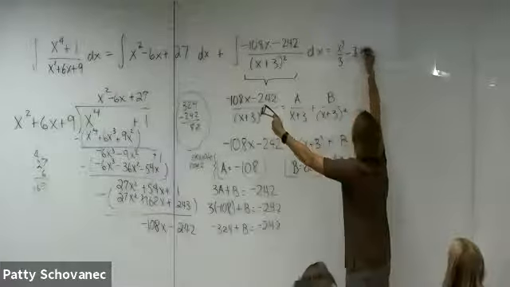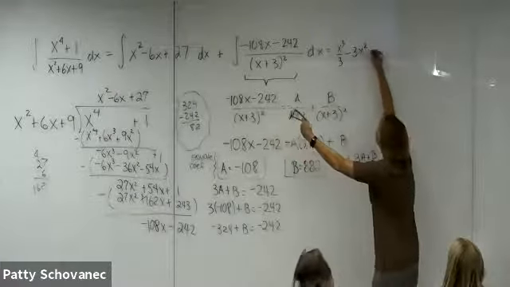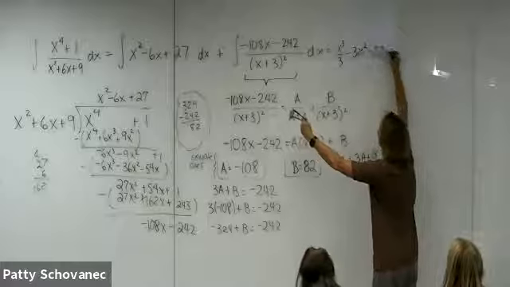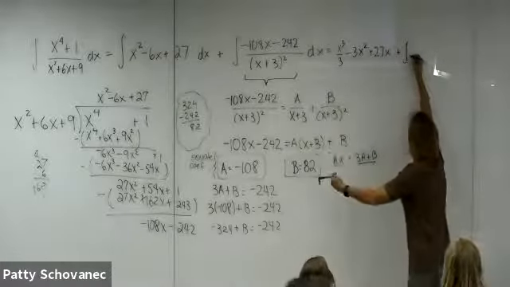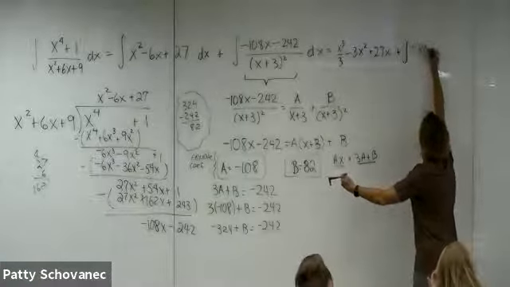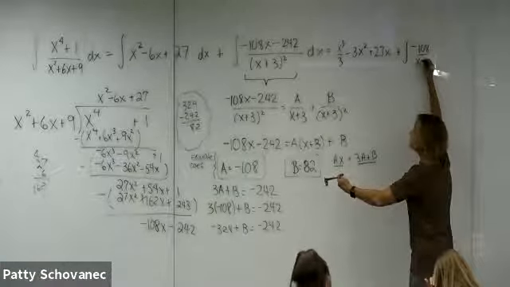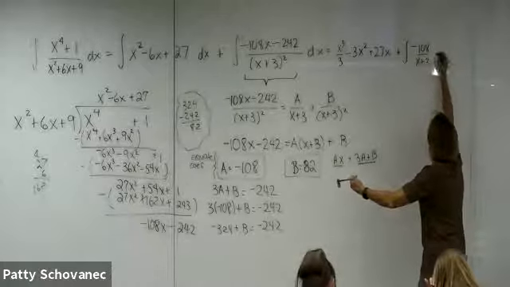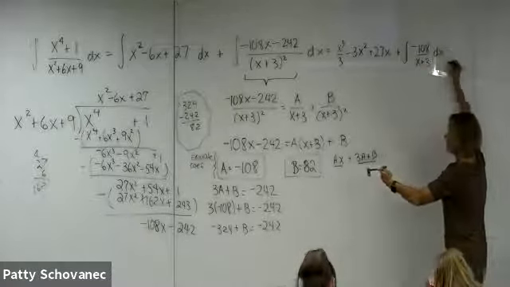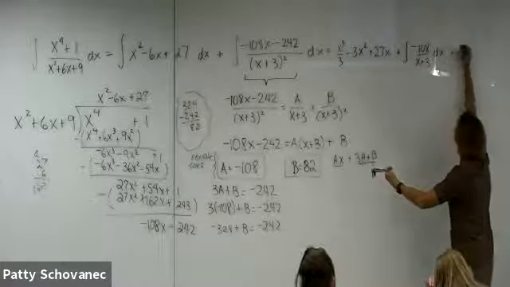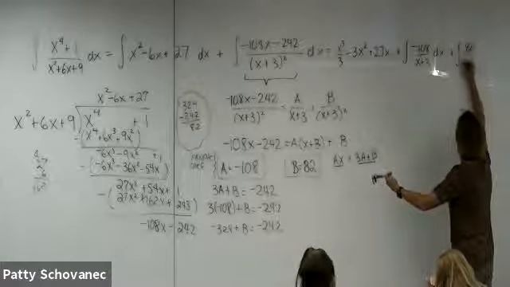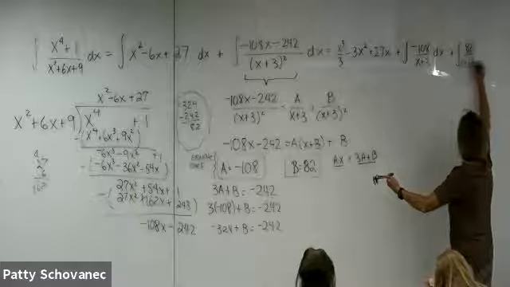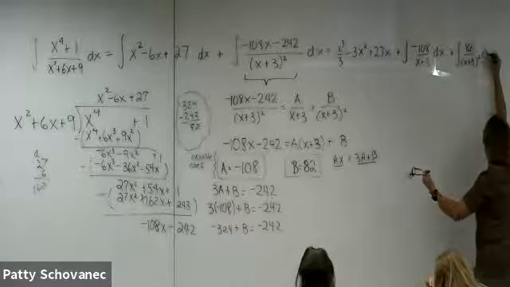How about 3x squared plus 27x plus the integral of A, which is negative 108 over x plus 3. And then plus the integral of B, 82 over x plus 3 squared.